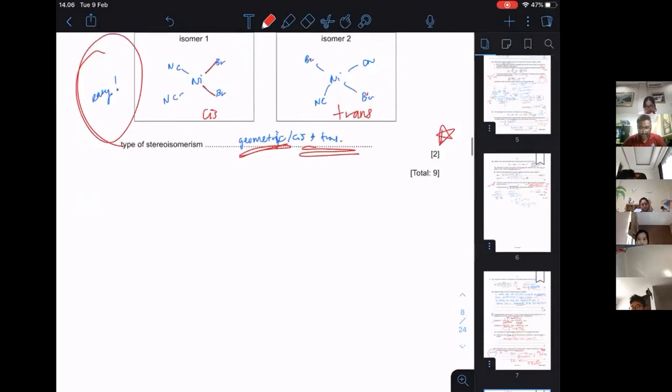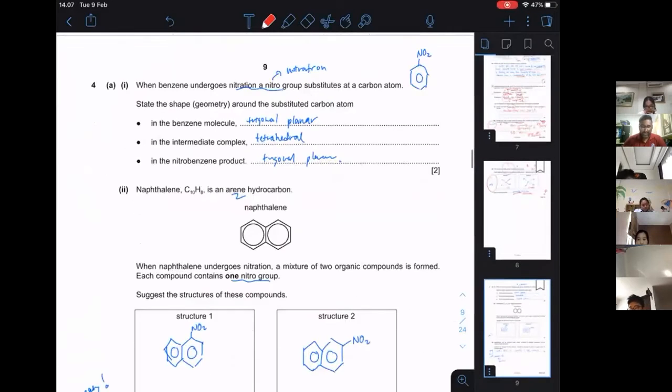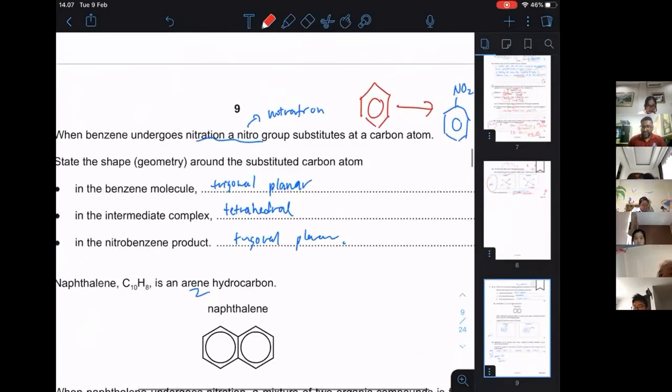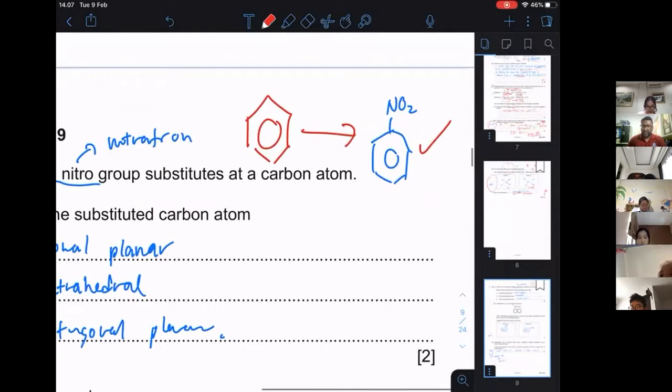Next is number 4. When benzene undergoes nitration, a nitro group substitutes at a carbon atom. So when benzene undergoes nitration, you are going to get this. Please remember the conditions required for nitration: HNO3, concentrated nitric acid with concentrated sulfuric acid.